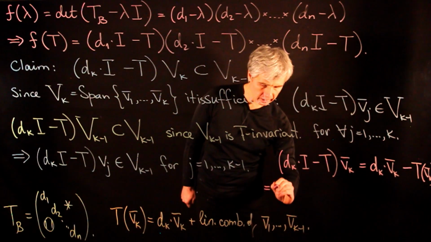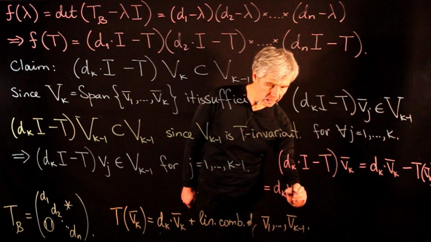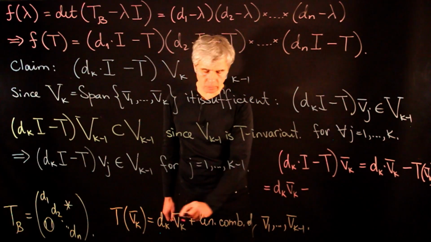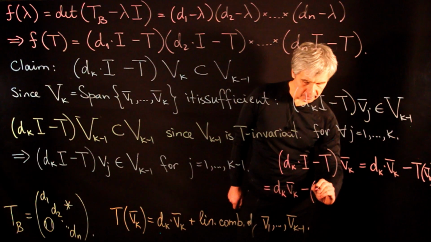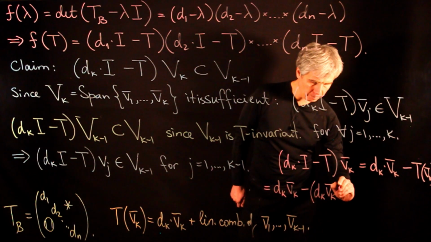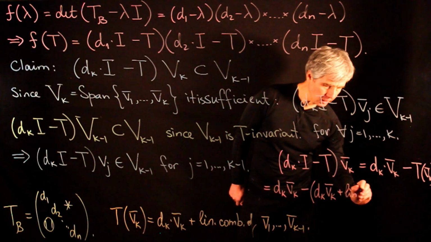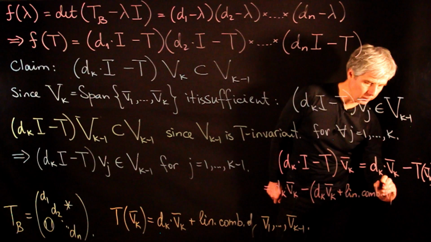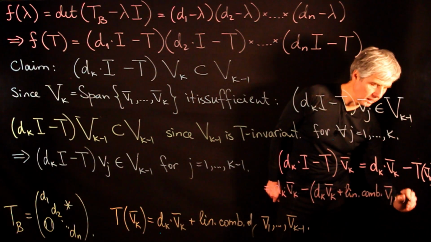This equals dk times vk minus, and here we have calculated what is T applied to vk. So here we have dk times vk plus a linear combination of vectors from v1 to v(k-1).